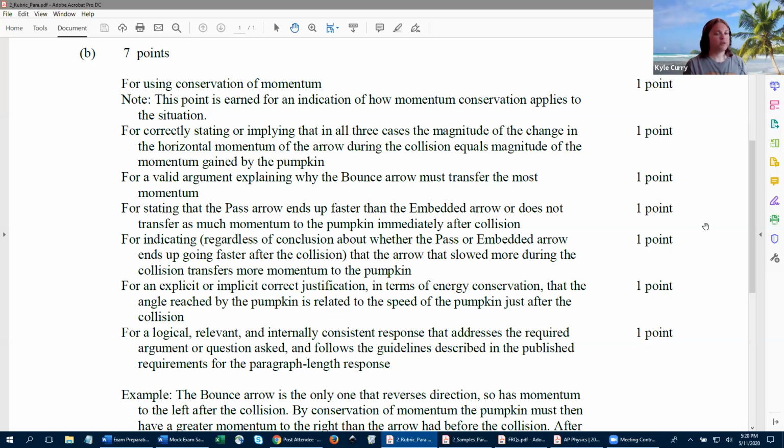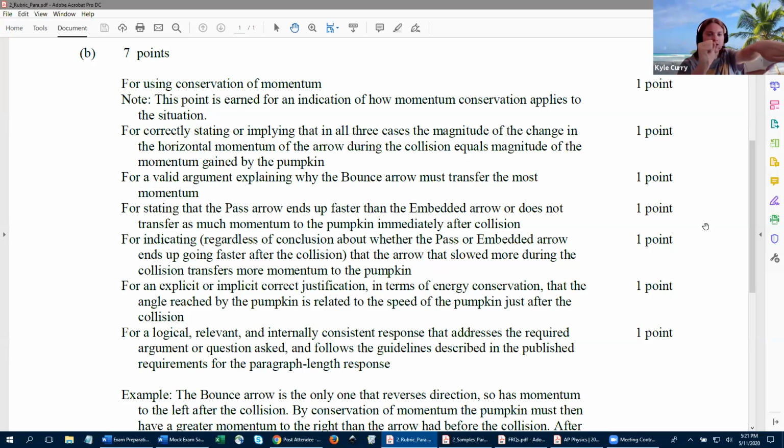Third point, for a valid argument explaining why the bounce arrow must transfer the most momentum. That's a very ambiguous, vaguely written point, but if you're able to explain using physics why the bounce arrow transfers the most momentum to the pumpkin, you will be able to earn that point. For example, think about it. Here's the pumpkin, here's the arrow. This arrow is traveling this direction with a certain amount of momentum. If it bounces off, we can almost imagine that this arrow is going to change direction and bounce back the other way.